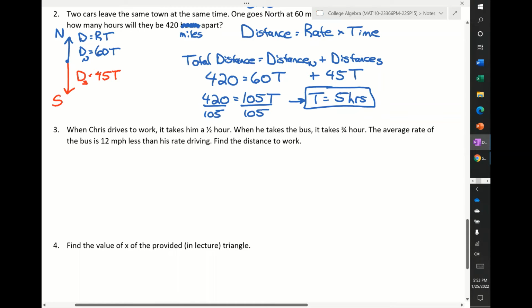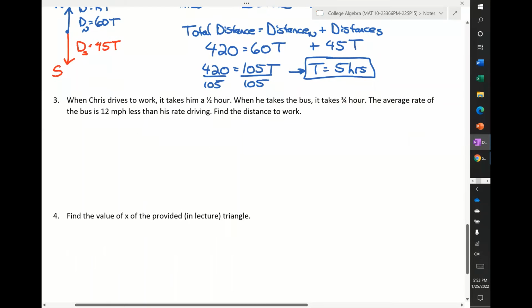So I think we're going to need to get organized here. Remember, distance is equal to rate times time. So we're going to have one for the car, and we're also going to have one for the bus.